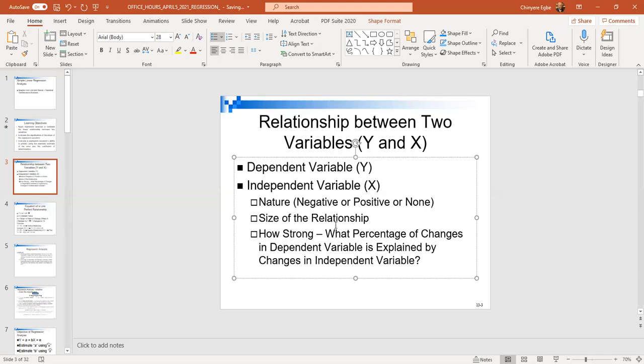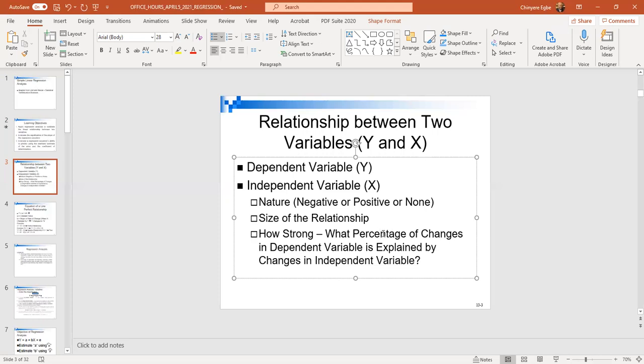So the size of the relationship in this case would be 0.15 or 15 cents. But let us say you go to another location that is not New York. The additional amount for each extra kilowatt hour will be 25 cents. So in that case, the size of that relationship is 0.25 or 25 cents.